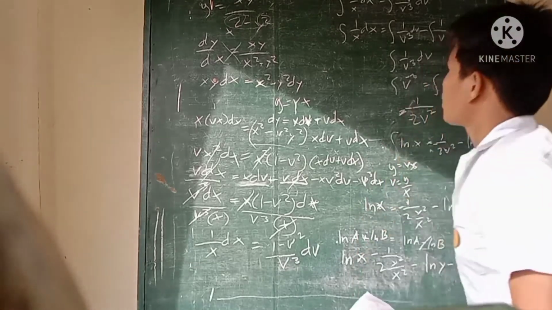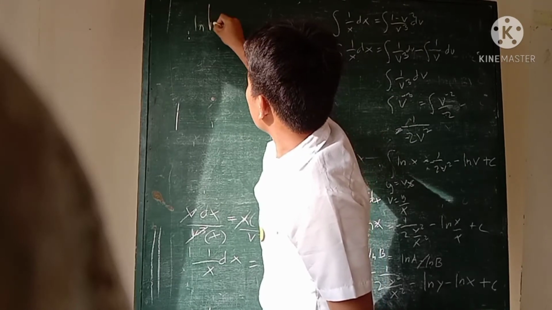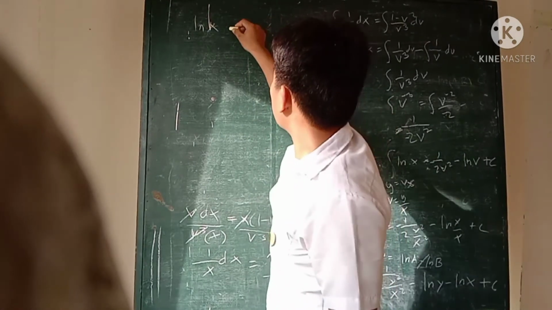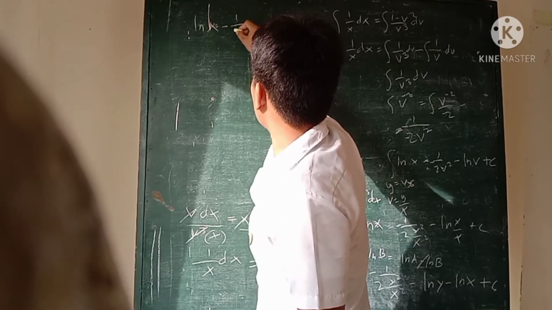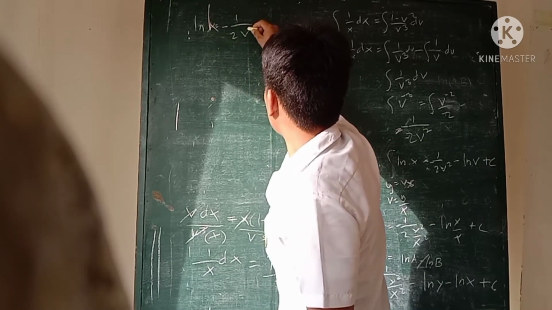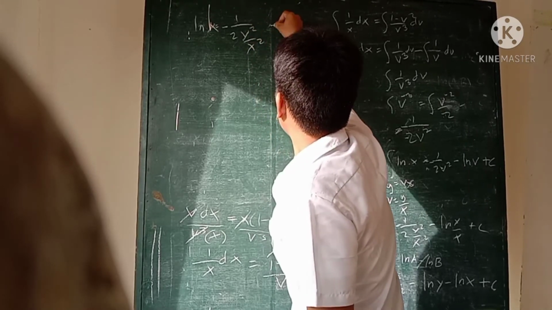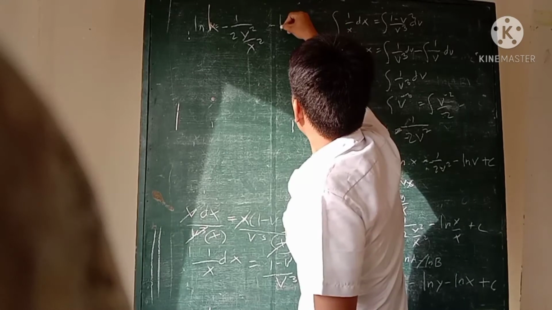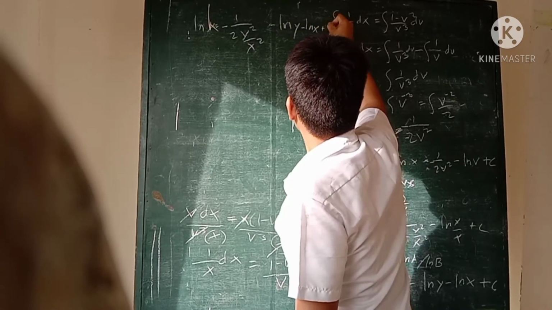So then ln x equals negative 1 over 2, y squared over x squared, minus ln y minus ln x plus c.